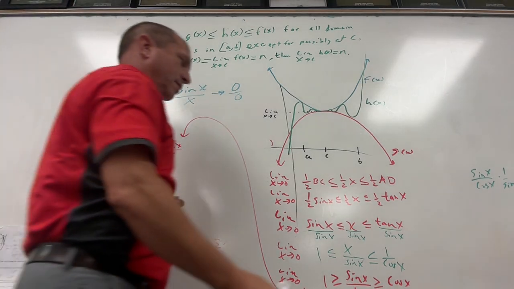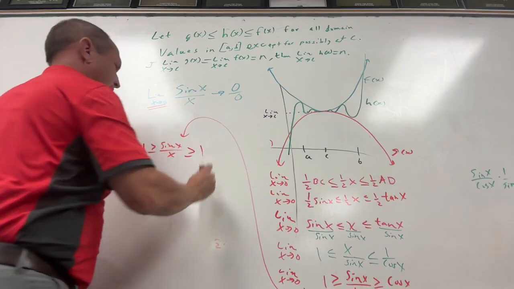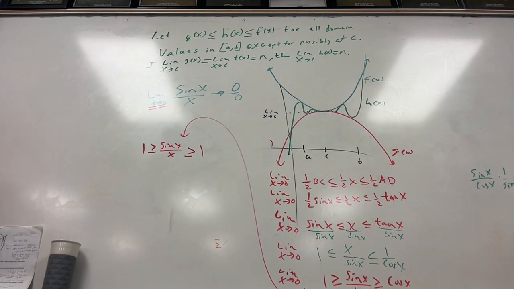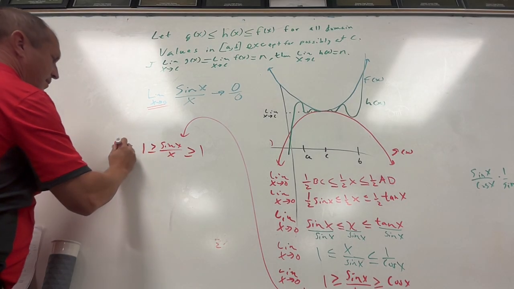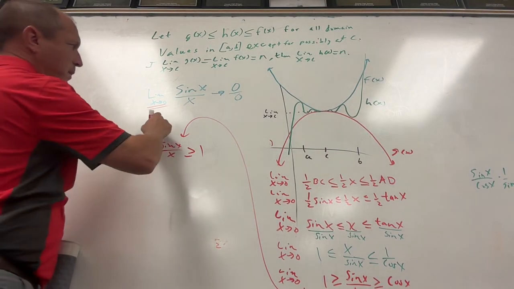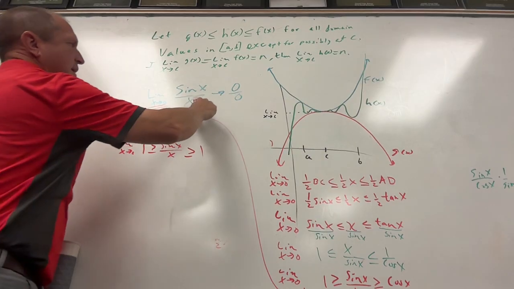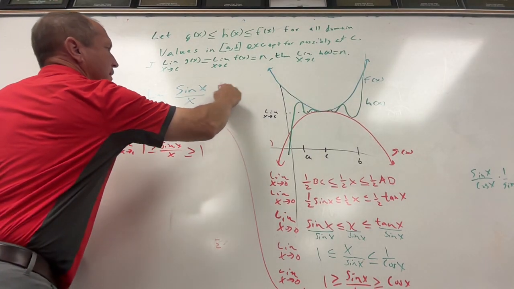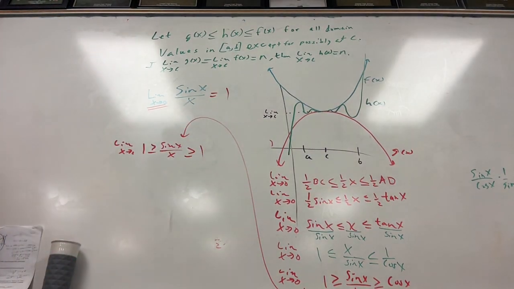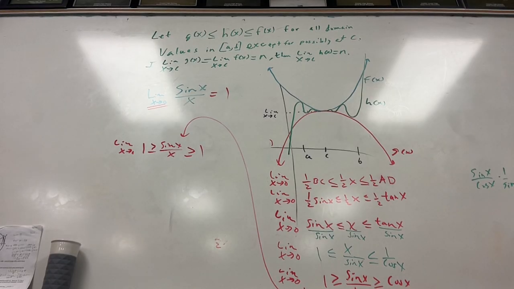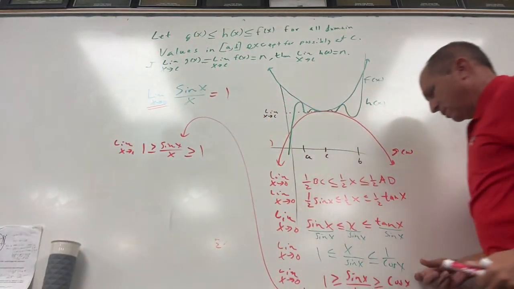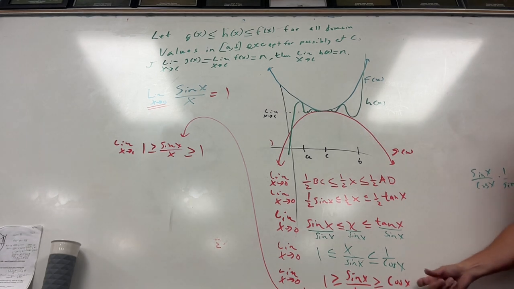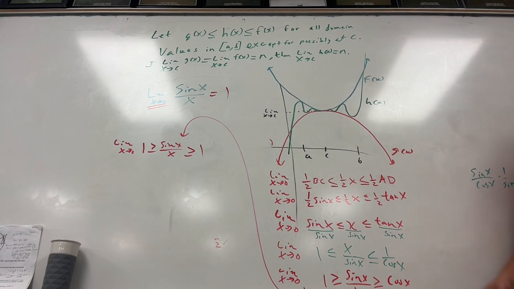It's 1. Boom! So the limit as x approaches 0 of sine of x over x is 1. Because we trapped it in between two expressions that had the limit as x approaches 0 as 1.